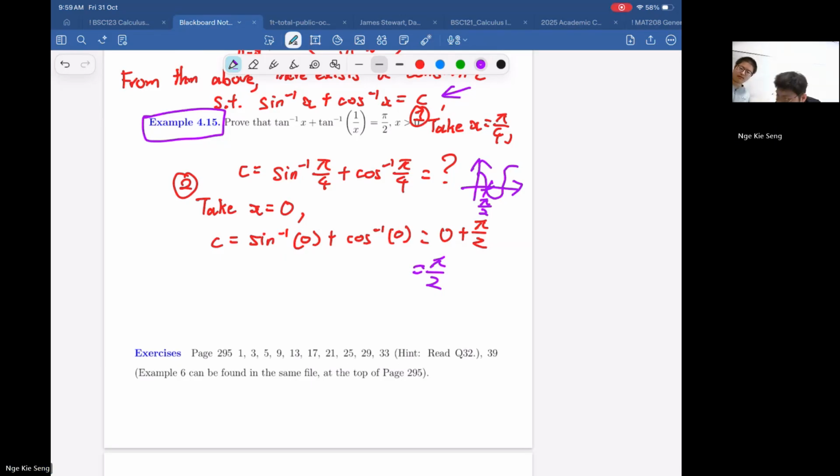So, let's see. This one is fine. How do you get from this to this?